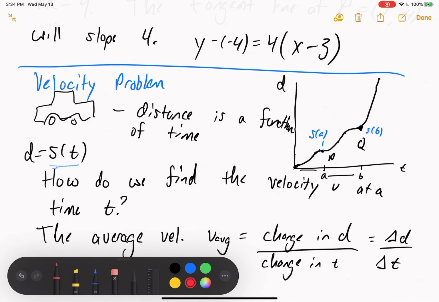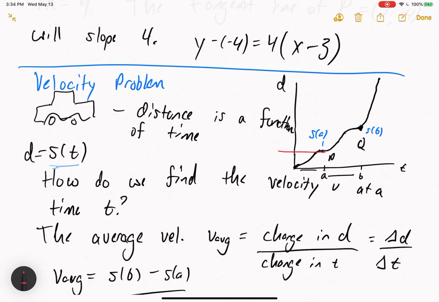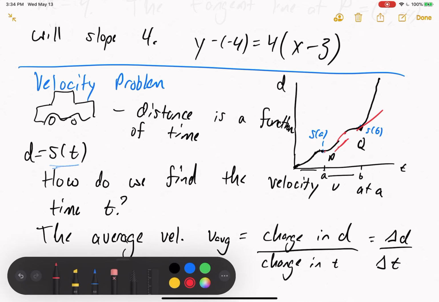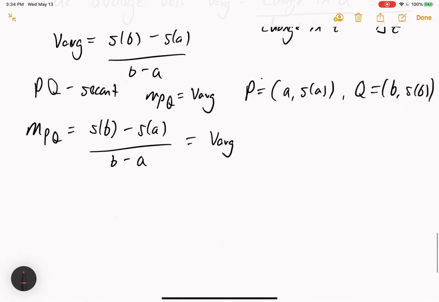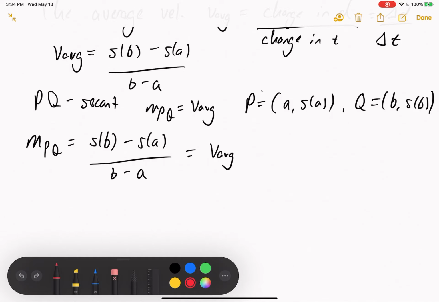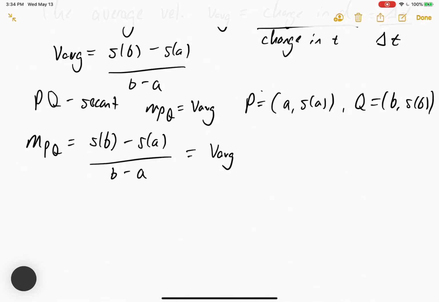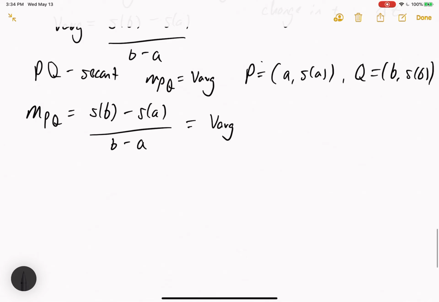Because what we want to do is find what your actual speed is at this point right here. The way we do that is by taking average velocities over really short intervals of time. Let me clarify what that means.